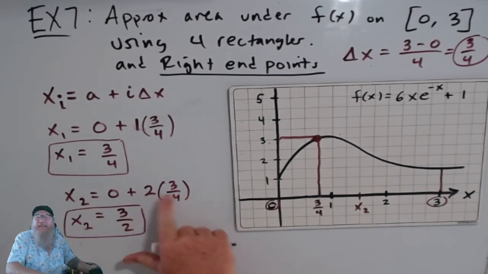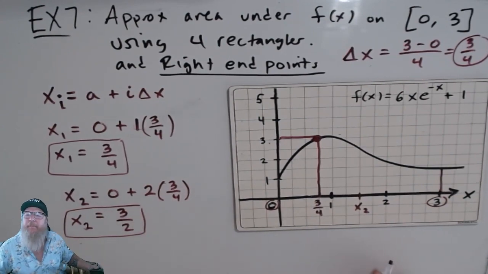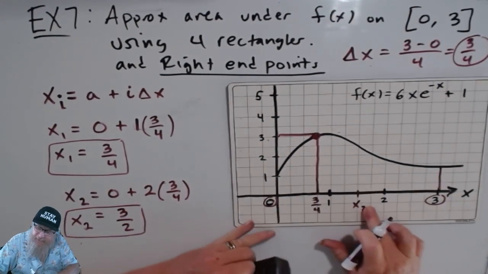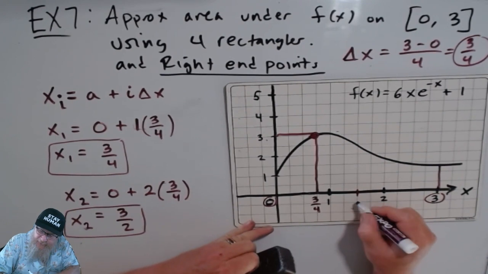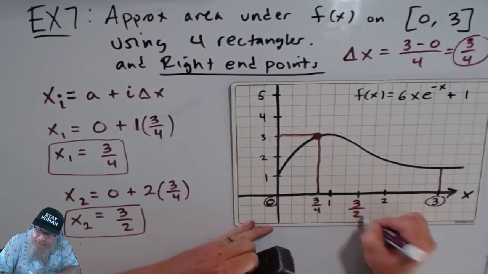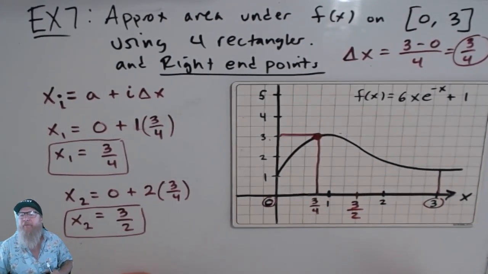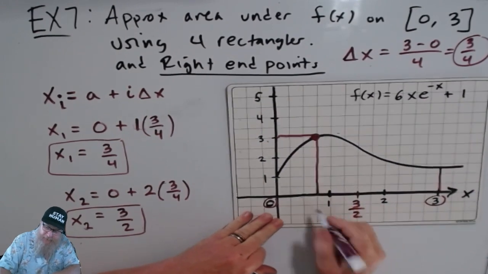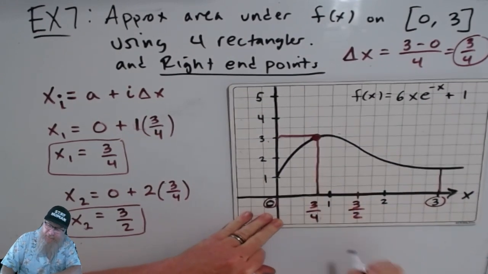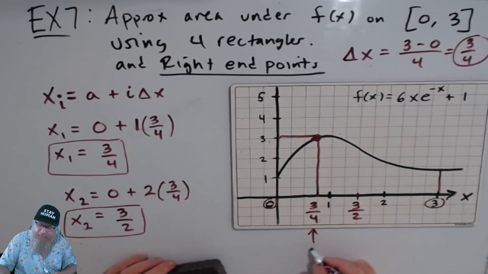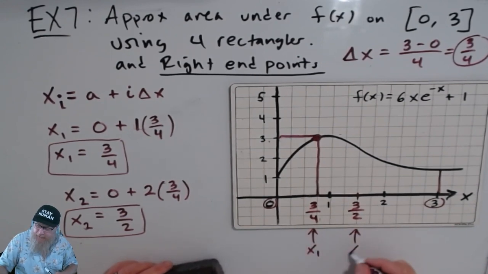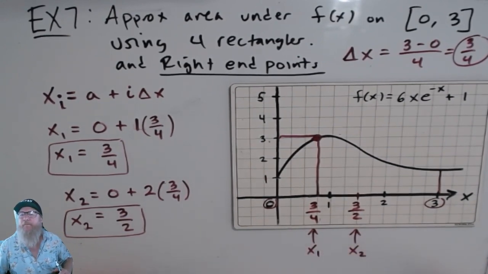Or 6/4, same thing. So here you go. x2 is 3/2, also known as 1.5. Let me write these a little bigger so you can see. So 3/4, that's my x1. There's my x2.